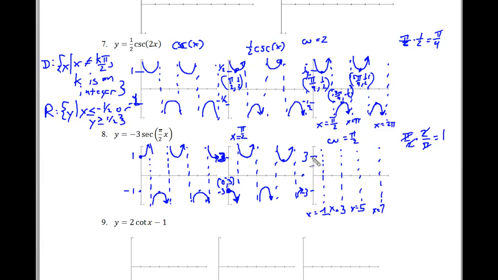All right, so what we have here, oh shoot, I was copying the wrong picture there. We have these swoops right here. This is the point 0, comma, negative 3. This is the asymptote x equals 1.